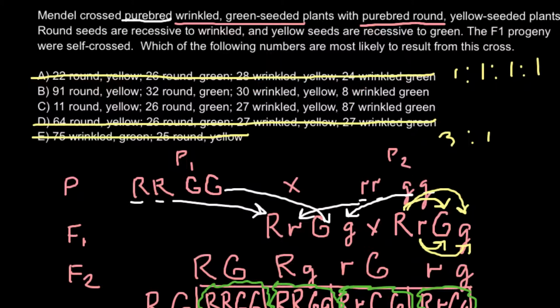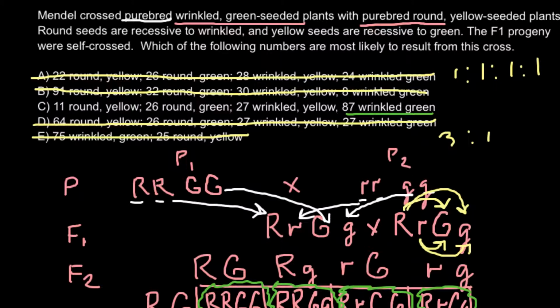So which one to choose? Let's then analyze phenotypes. Here we have 9 that is wrinkled green, and here we have 9 that is round and yellow. So the ratios here and here are the same, but the phenotypes are different. And as you remember from our table, we got 9 that were wrinkled and green and not yellow and round as you see here. So we can cross out this answer.